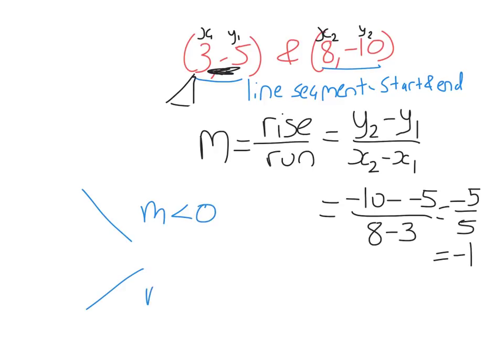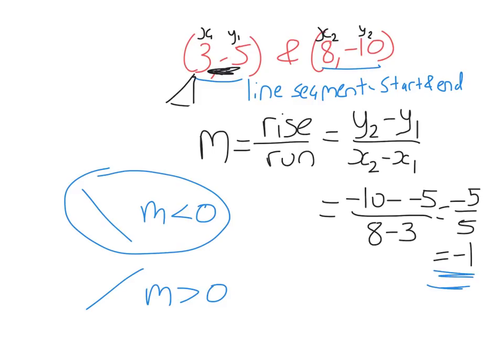If the gradient is positive, it means the line or the line segment leans right. So in this case, the line segment would lean to the left because I have a negative gradient. What this negative 1 means is that if I were to join up these 2 points, each time you go across 1, you go down 1. Each time x increases by 1, y decreases by 1.